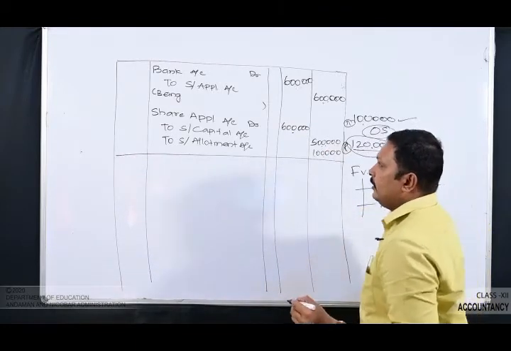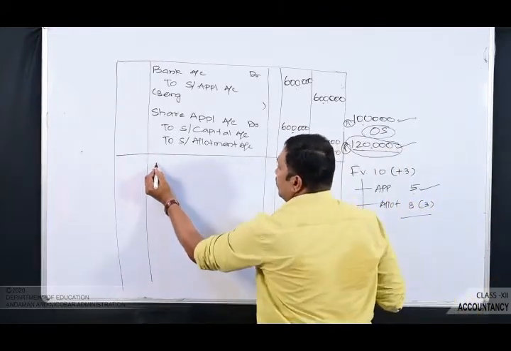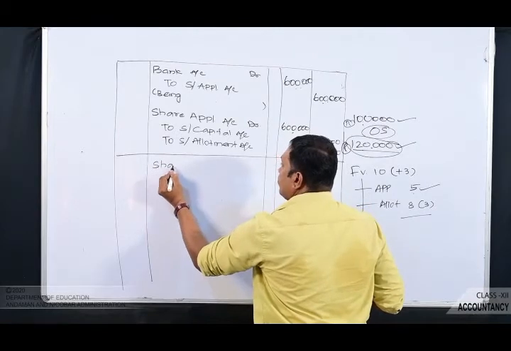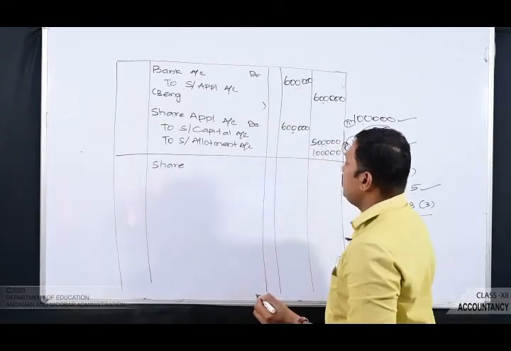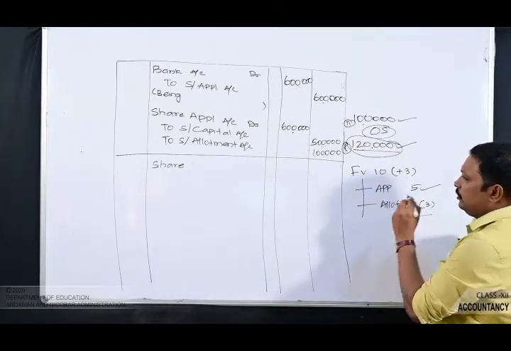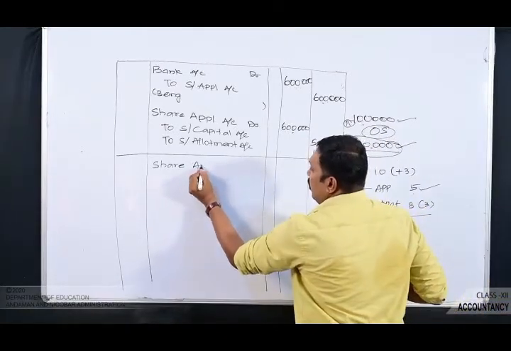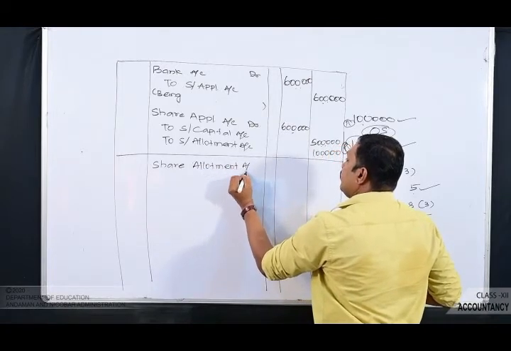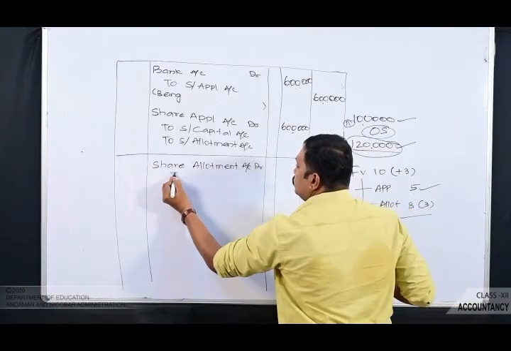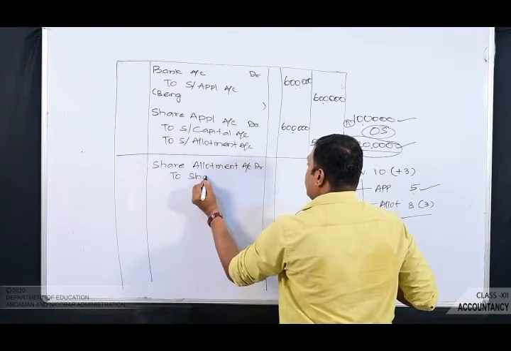Right. Next, allotment. Share allotment. As far as premium is received during the allotment only, no? So mind it. Share allotment account debit to share capital.